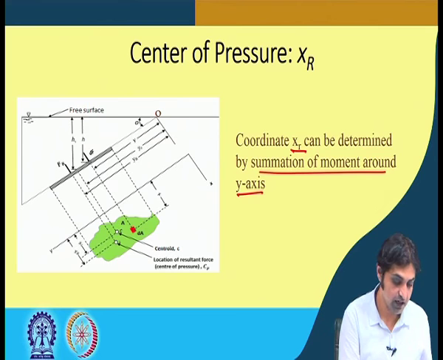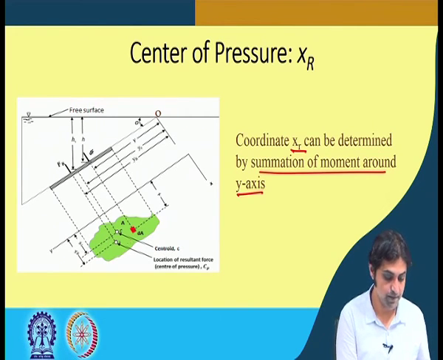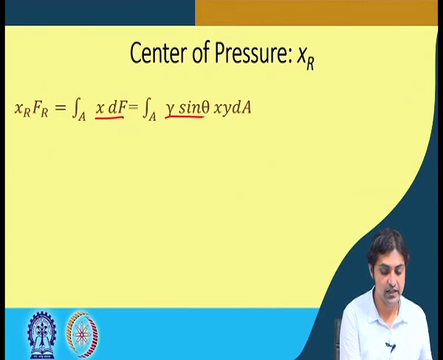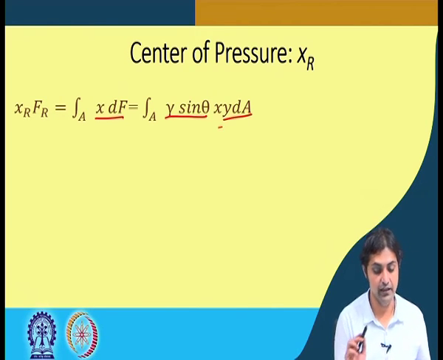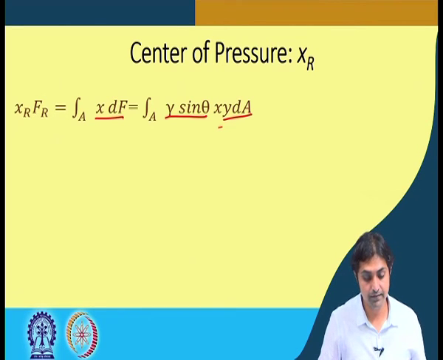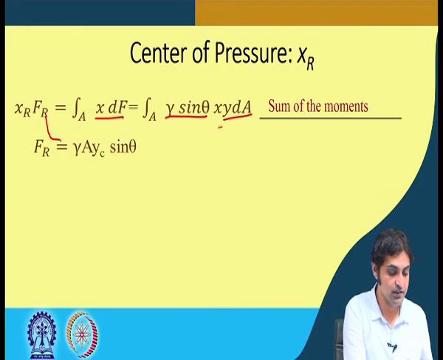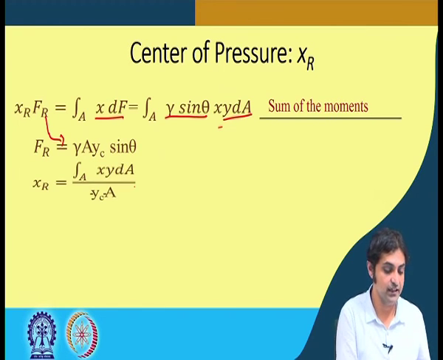So XR into FR is equal to integral x dF. So dF we already know. It is gamma sin theta y dA, right, and this is the sum of the moment. We know FR is this one, gamma A yc sin theta.